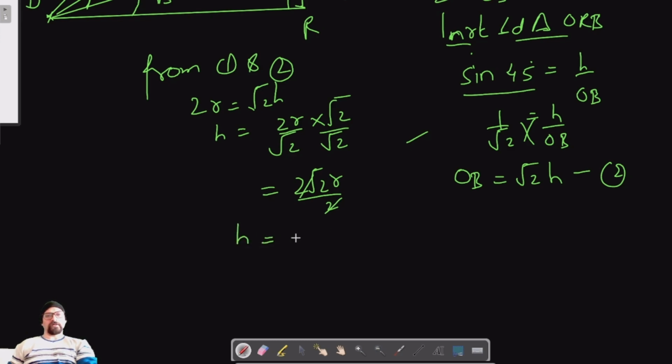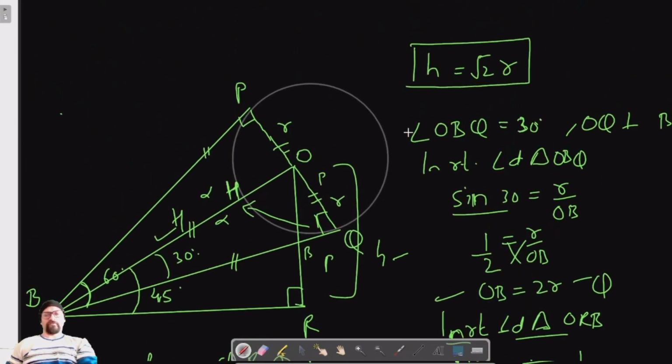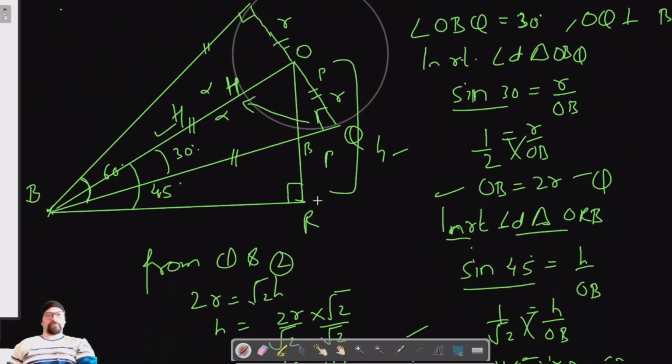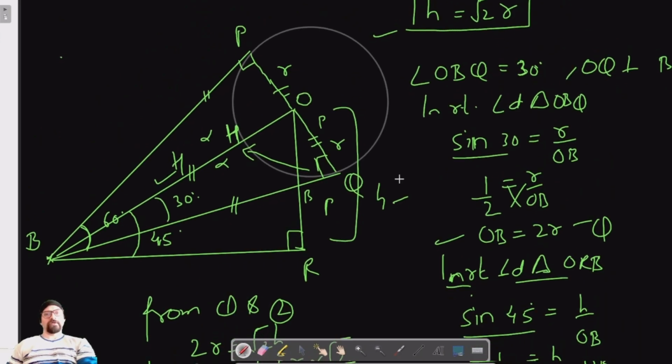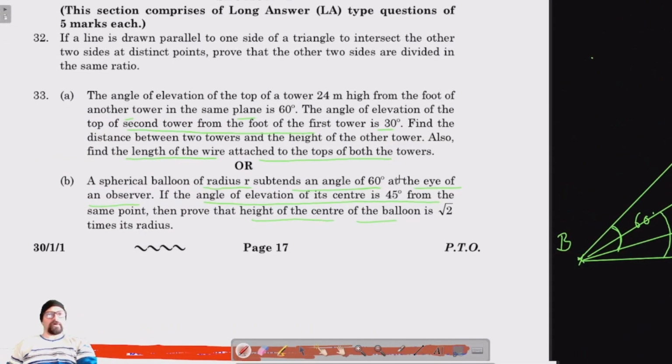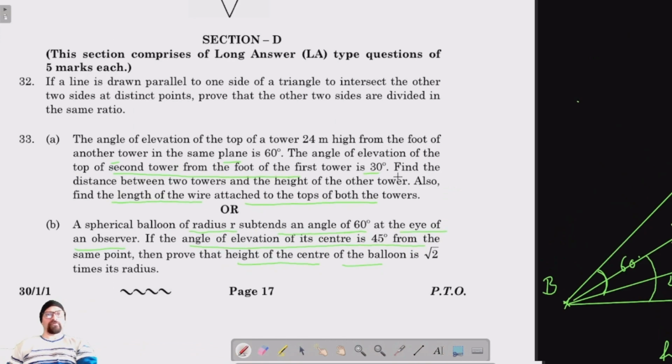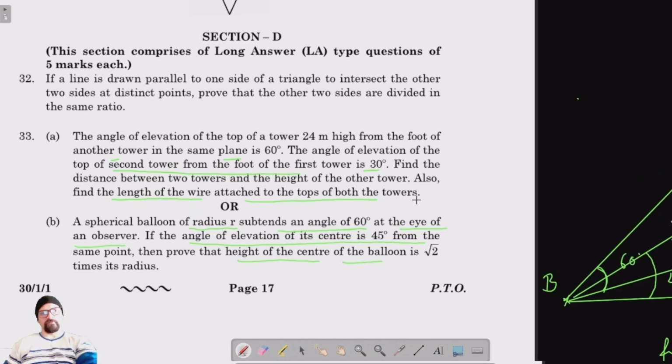So H is equal to root 2R. Okay, so that's what we have to do. Height from the center is equal to root 2 times the radius of the spherical balloon. And this solves our part B of the question number 33. Let's move on to question number 34.